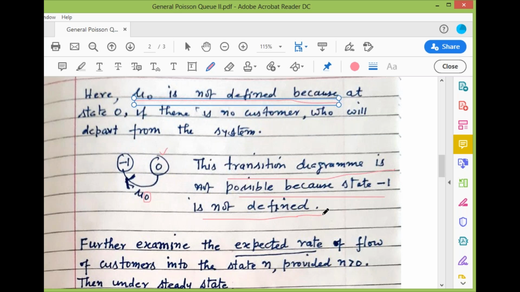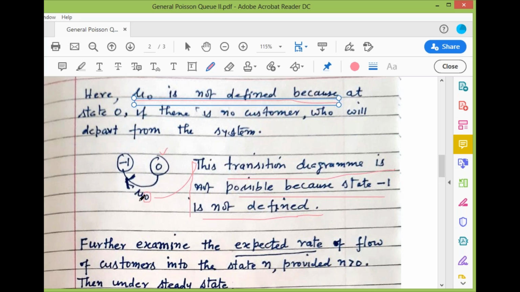That is one reason. Even if we allow mu naught to take place, there is no reason to mention this logic. Even if mathematically it can be justified, technically speaking, if there is no customer, 0 customers, then how can the death take place?